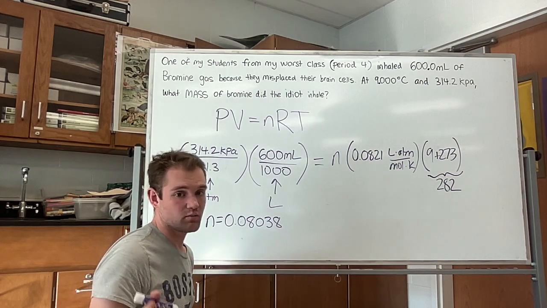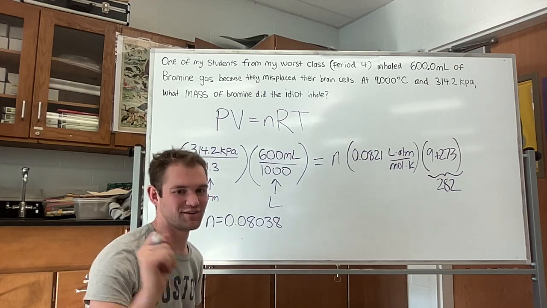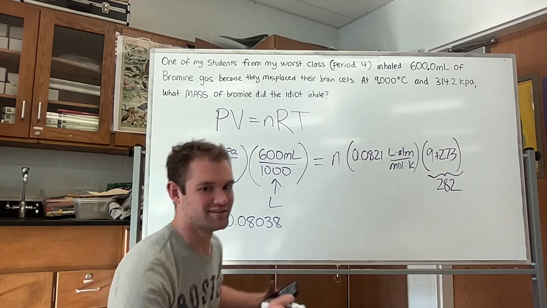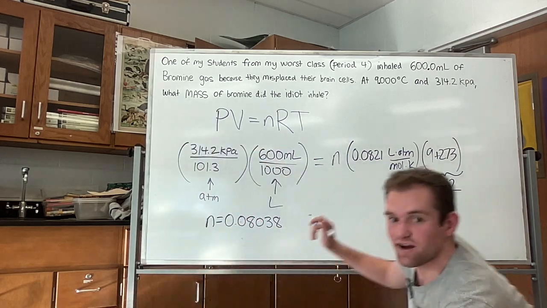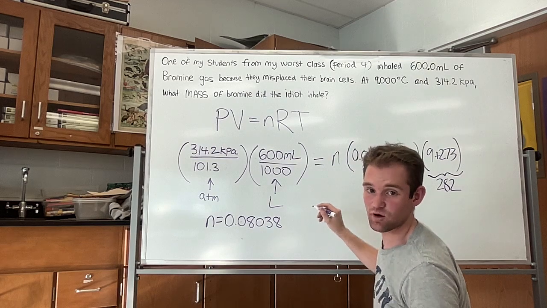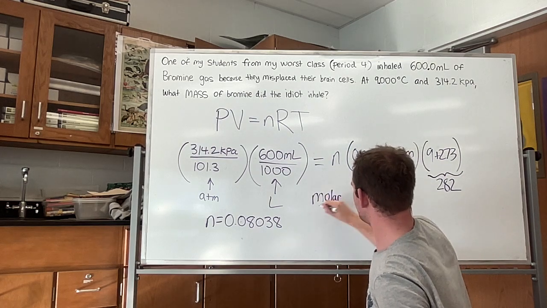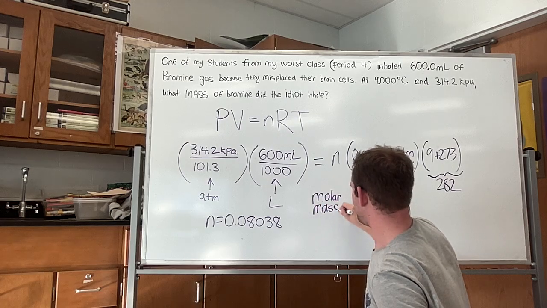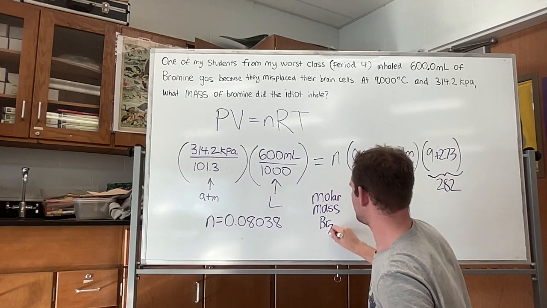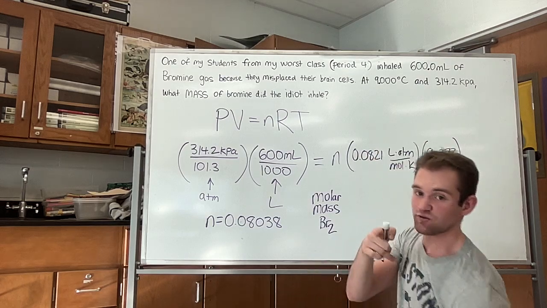Now we know we're dealing with bromine gas and we're looking for mass. So here we go. Bring it on. All right, over here, I'm going to say my molar mass is mass over moles. Now bromine gas, keep in mind, is Br2 because it's a diatomic gas. I'm not going to test you on that, but don't forget that.